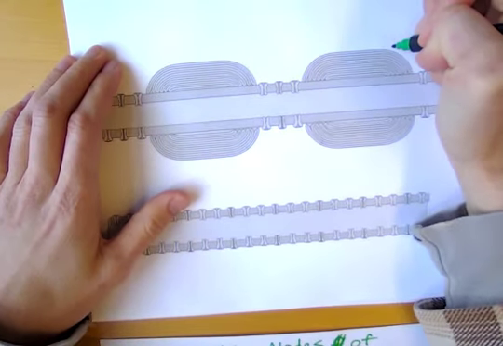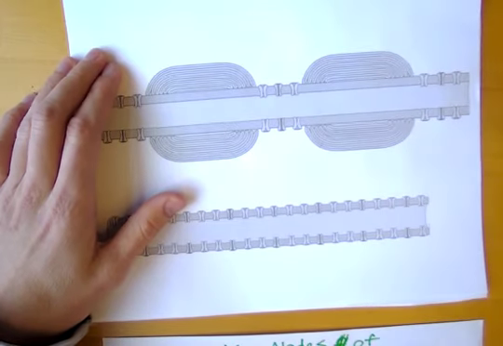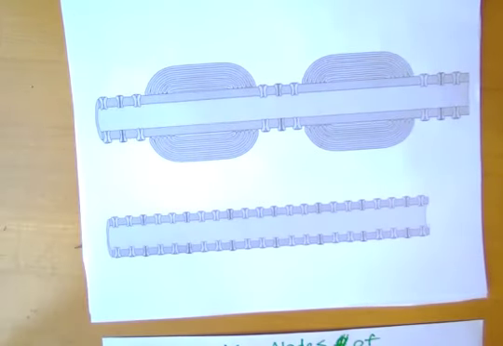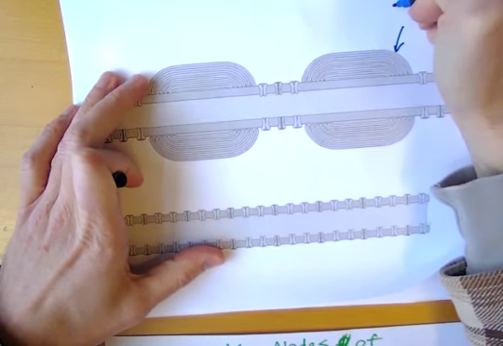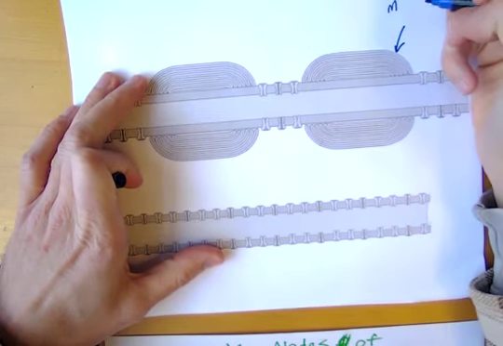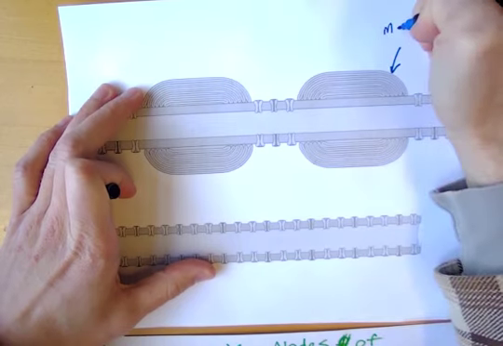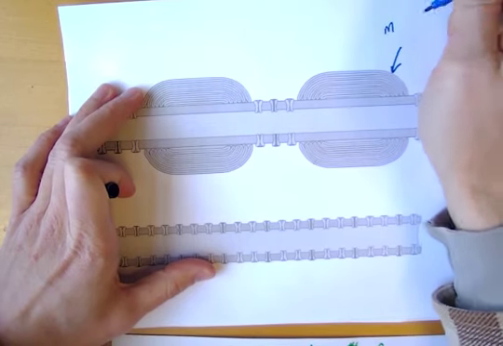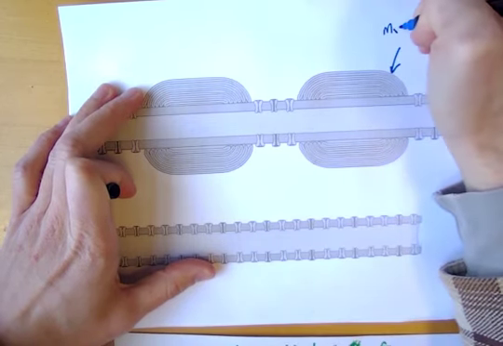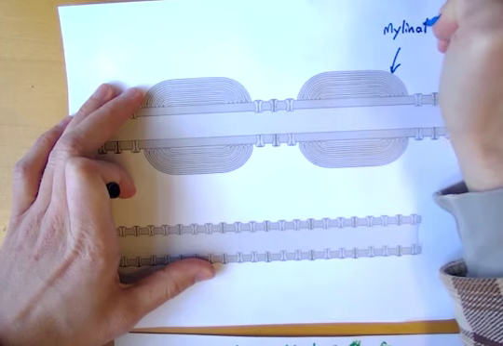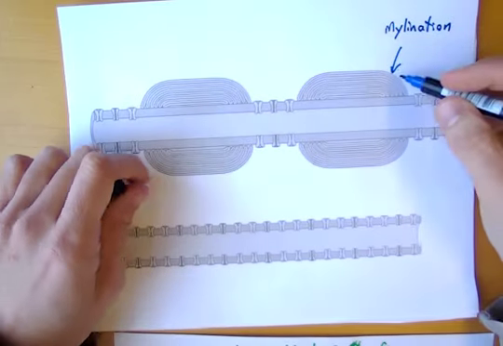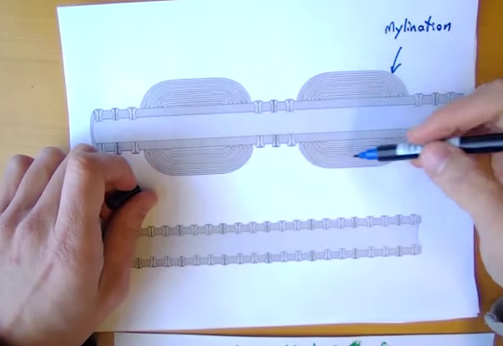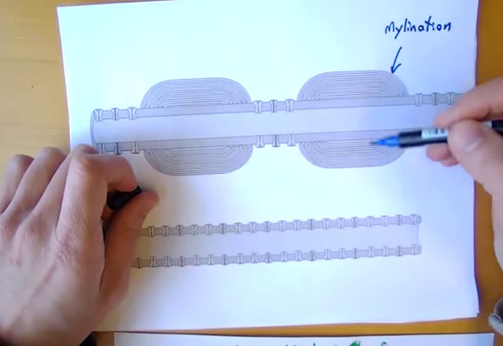Right, and so these here are our myelinated axons. You're going to have to double check my spelling here on myelination. So, myelination, or myelinated axons. These are essentially insulated with adipose tissue, which is fat.